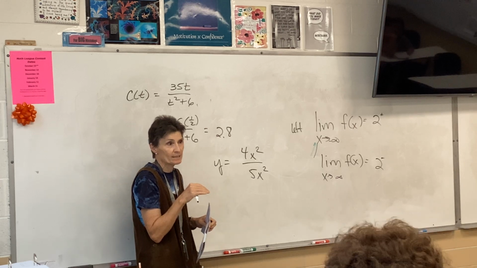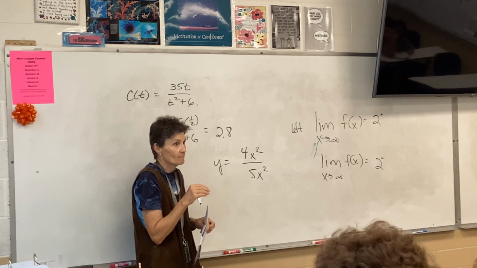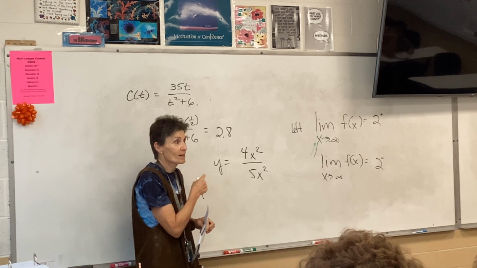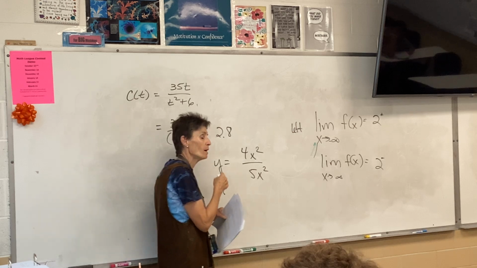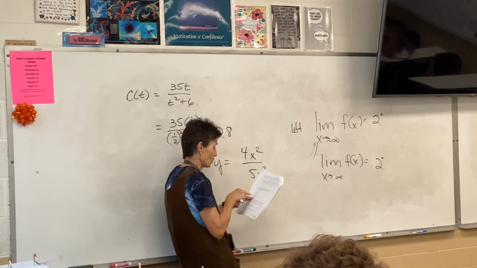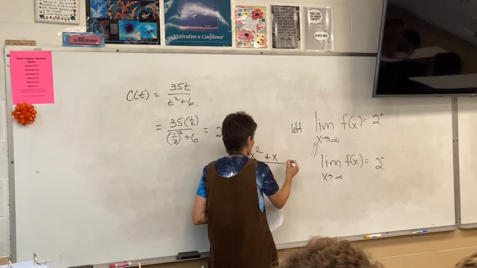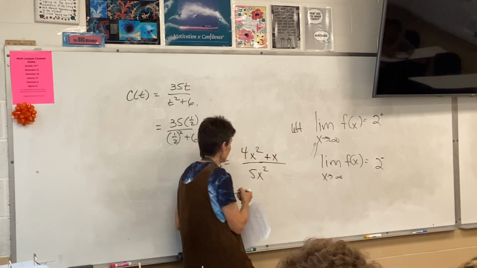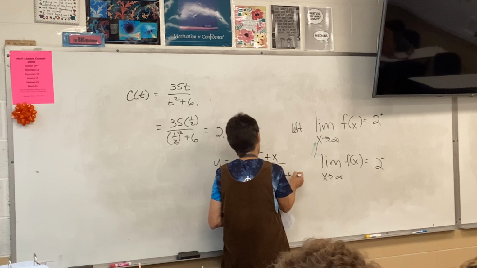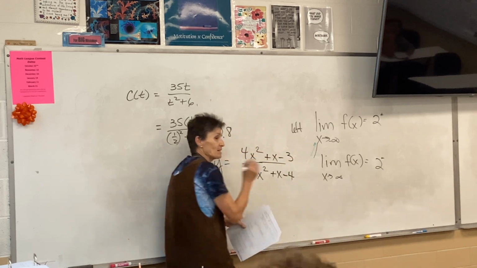That is really just 4/5. That is just the horizontal line. So if you want the limit to be 4/5, let's add something in here, right? That will change it. And you can do it on the top or the bottom. But that's what you gotta end up with.